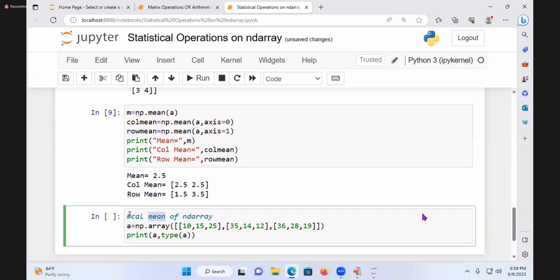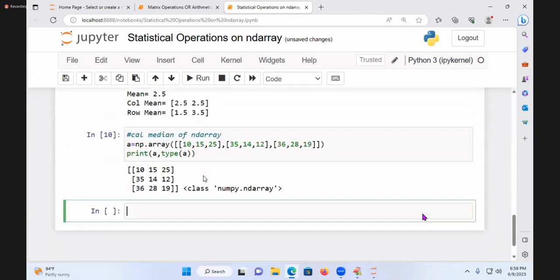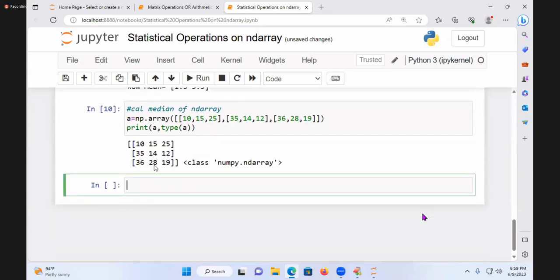Calculation of median of ND array. Print it. Now I am going to apply the median. How many elements are there? 9. How do you apply? Come on. MED is equal to np.median of A.